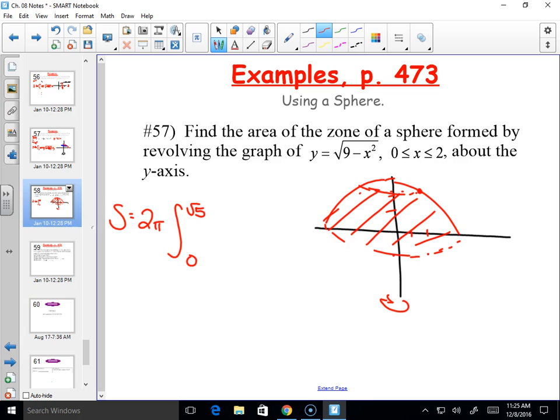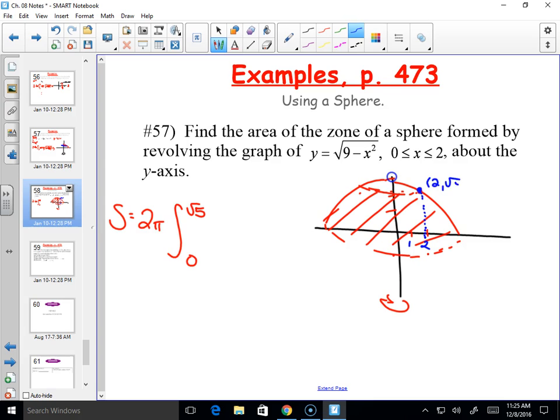Shouldn't it just be... No, because you have all the way to x equals 3. But root 5 is a y bound, or no, because 3 is up here, but it's from x from 0 to 2. So I figured out when x is 2, what does y equal, and I plugged it in.